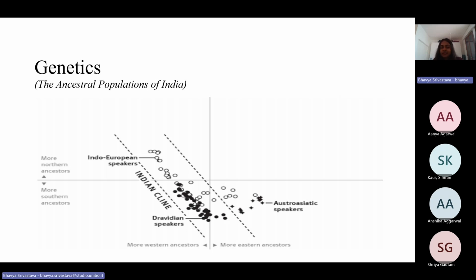Both of them actually have Western ancestry, if you look at the X and the Y axis. All northern and southern Indians have Western ancestry, except for the Andamanese, which are towards the right, and you can see that they have more Austroasiatic language as well as more Austroasiatic DNA in them.